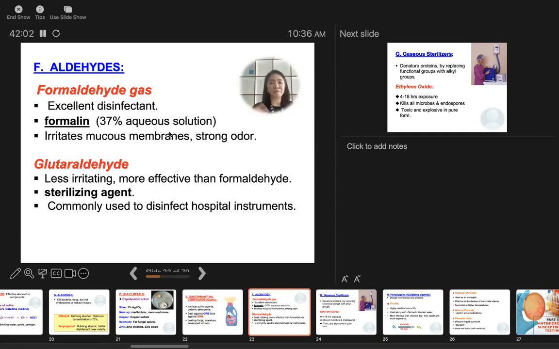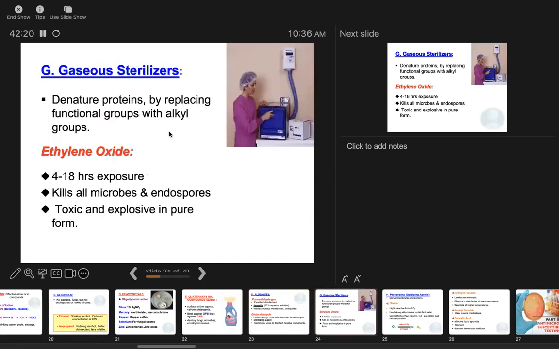Glutaraldehyde, like formaldehyde, can also be used for fixation. It kills microbes in tissue, which is why we also use glutaraldehyde. It's a bit expensive. It's also a very effective sterilizing agent, in fact more effective than formaldehyde.